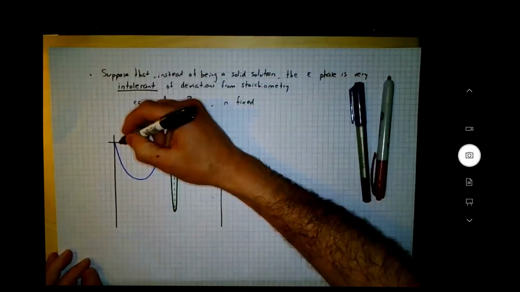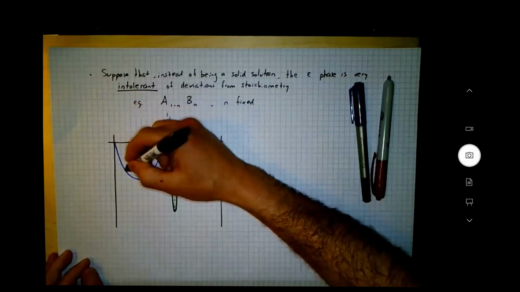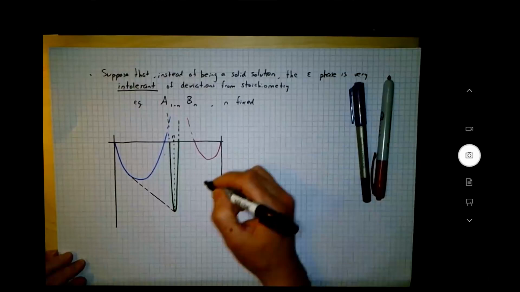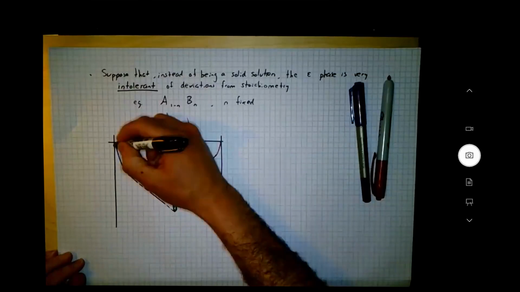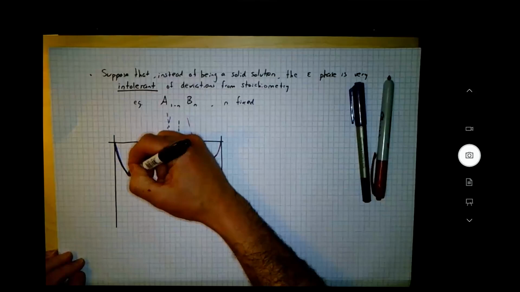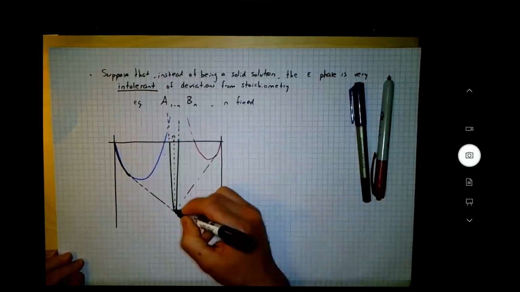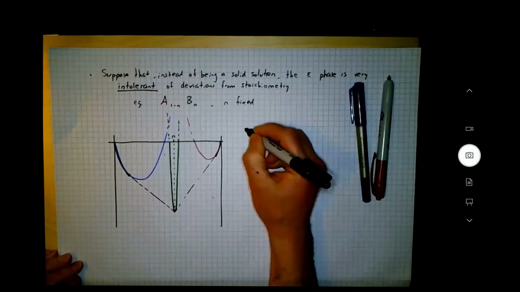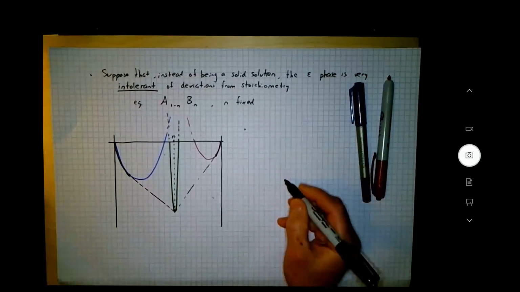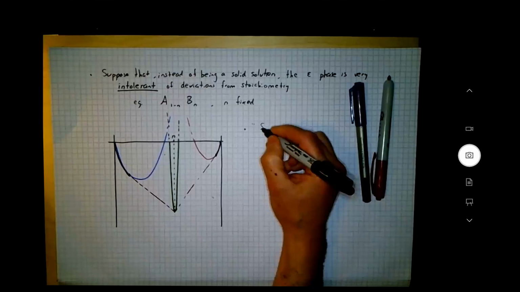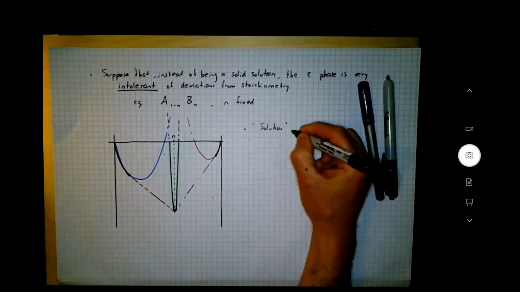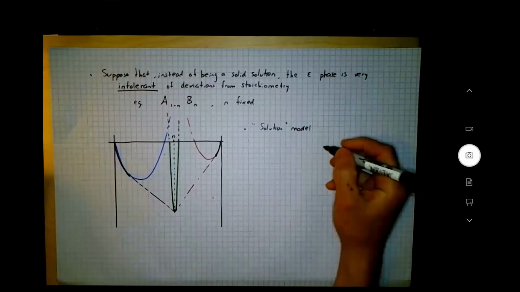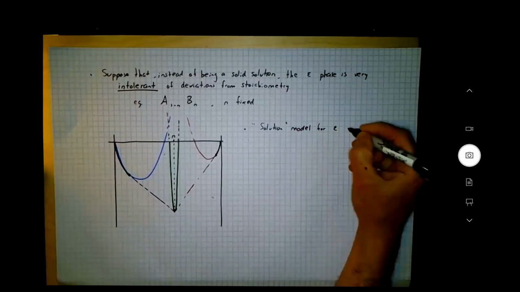And so my common tangent construction is going to now be like this. So let's just call this solution model, solution in quotes, because it doesn't really appear as a solution in nature anymore, for epsilon phase.